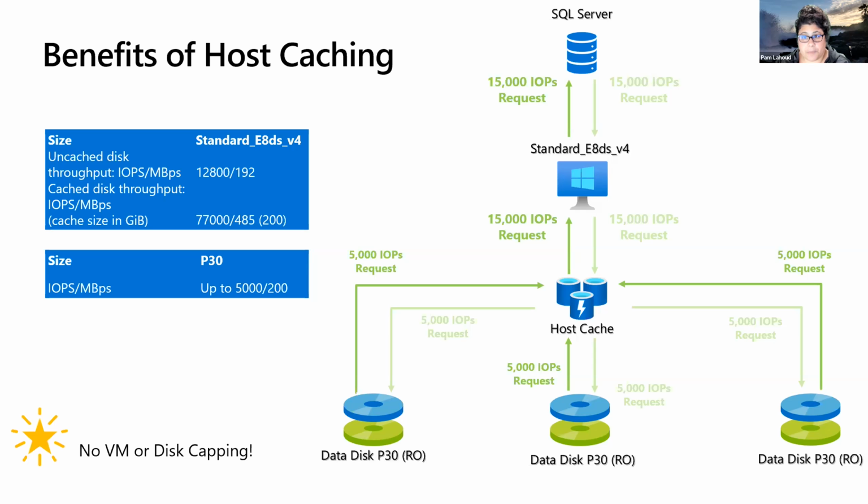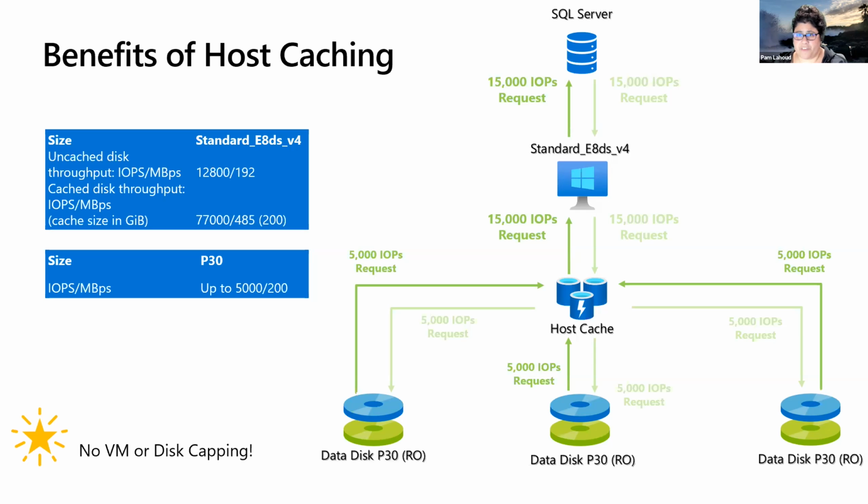I have had some cases where their tempDB workload was so high that it was conflicting with the read caching, and they were hitting their cache limits because both their tempDB and their caching was high. In that case, they moved tempDB onto a remote drive, and they just leveraged that for host caching.